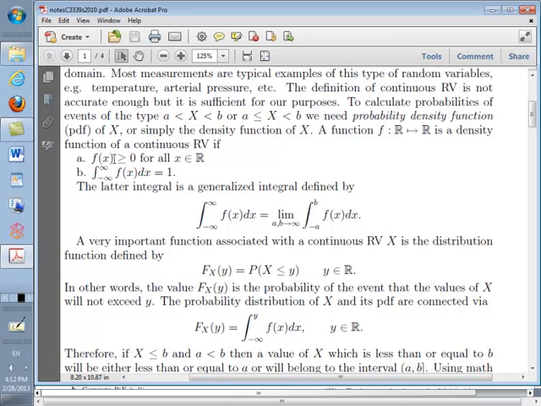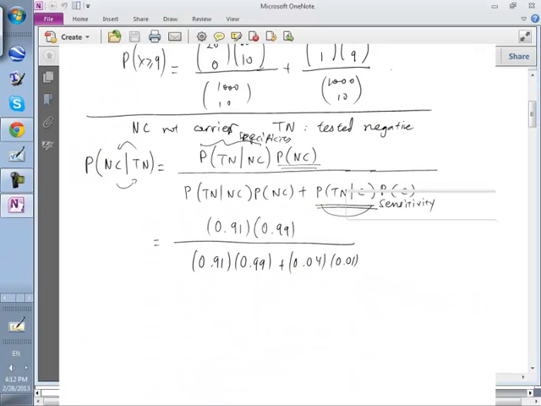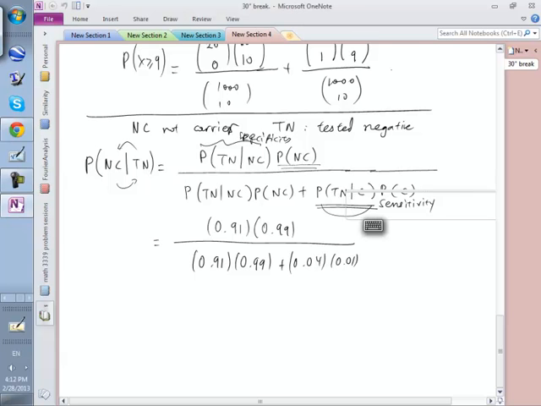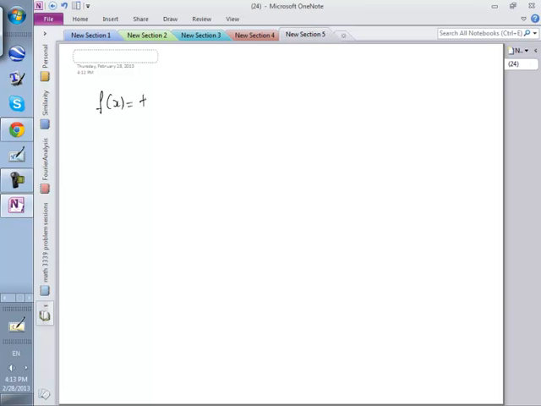They represent the density of the probability. You will see that. So when we say f of x, this is not a value representing probability.